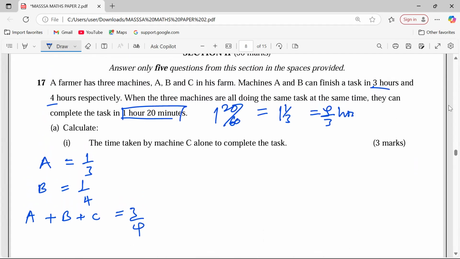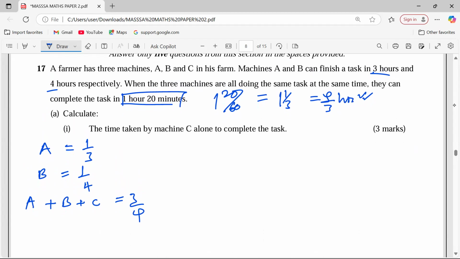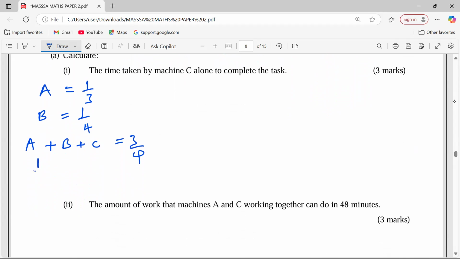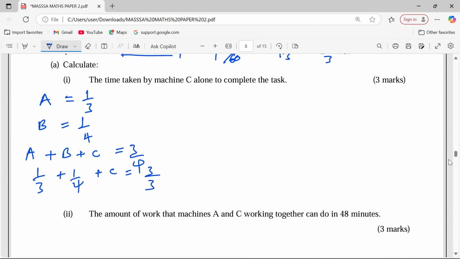When you are given the total time taken, you can get the fraction worked within an hour by taking the reciprocal. So the total time taken by all of them is 4/3. That means the 3 of them working together are covering 3/4 in an hour. So when we take a third, add a quarter, then add the unknown fraction of C, we get 3/4.